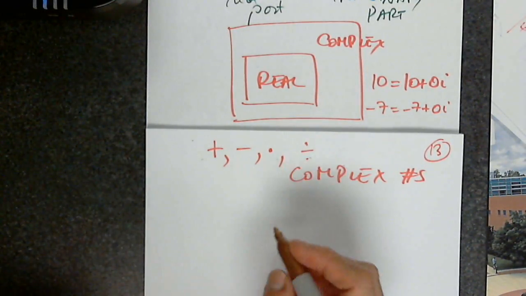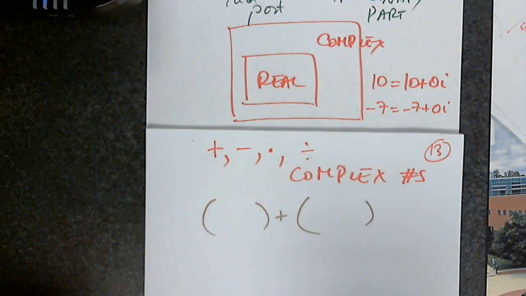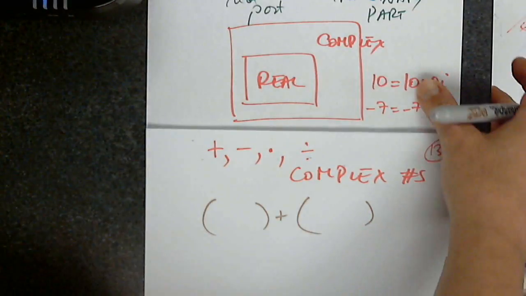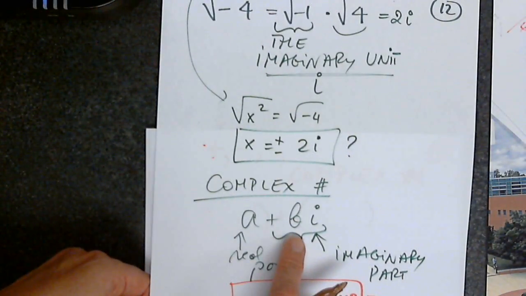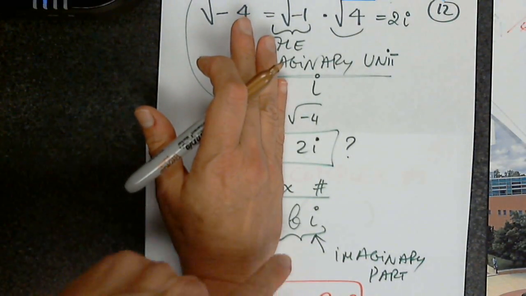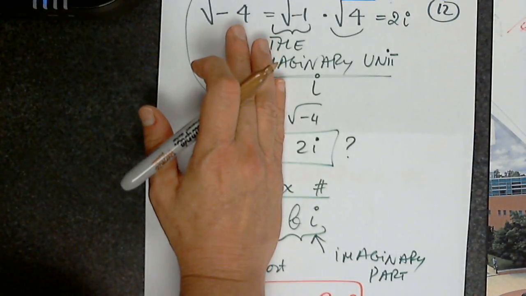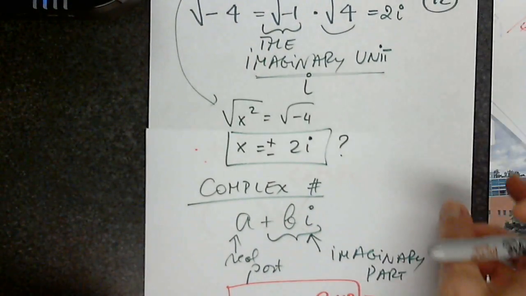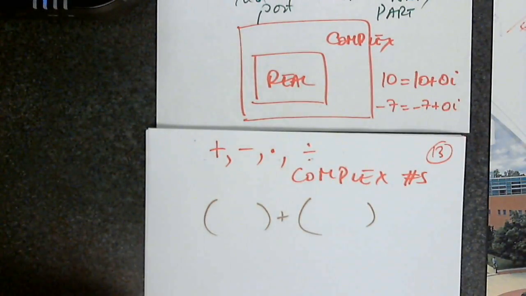Okay, so give me 2 complex numbers so we can add them. You can give me any number in here and any number in here, positive or negative. You don't have to give me an a, but if you don't give me a b, and b is 0, then it's only a real number, not an imaginary or complex number.